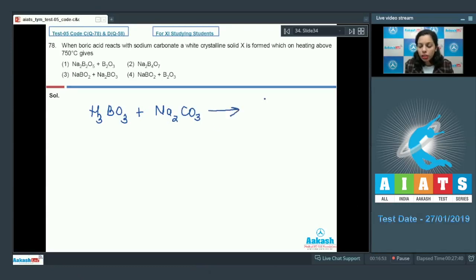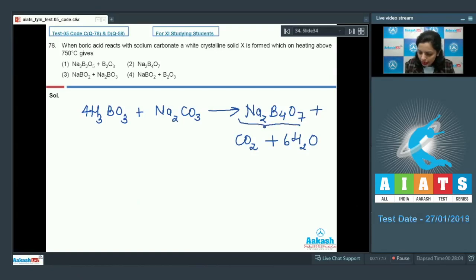During this reaction, there is the formation of a white crystalline solid, Na2B4O7. So here it would be 4H3BO3, and after the reaction there is the formation of CO2 and H2O also.